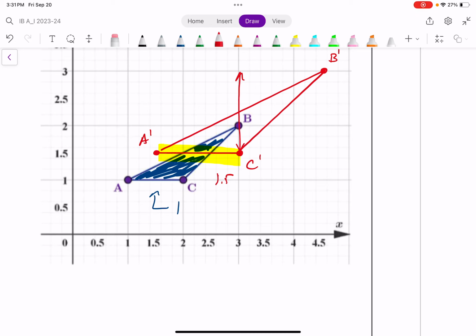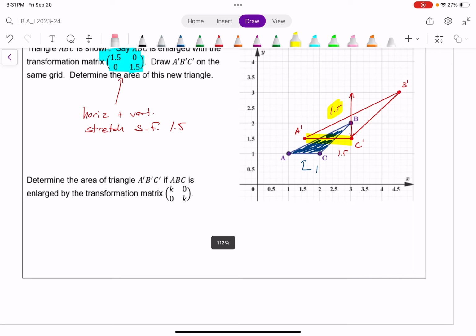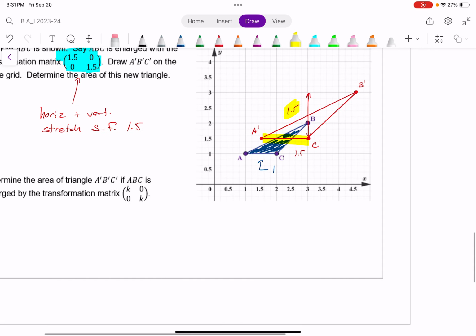Nope. Okay. So area of this triangle is 1.5 times 1.5, divide by 2 is 1.25. And so the area of this triangle, area of A, B, C, is exactly 1.25.